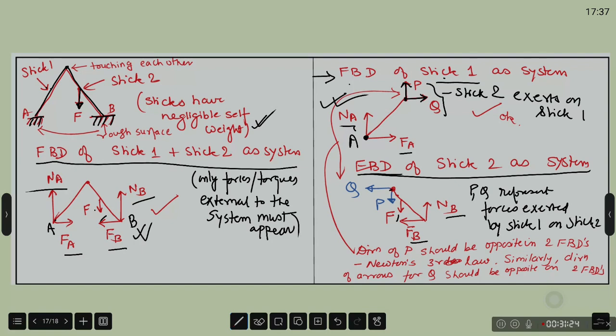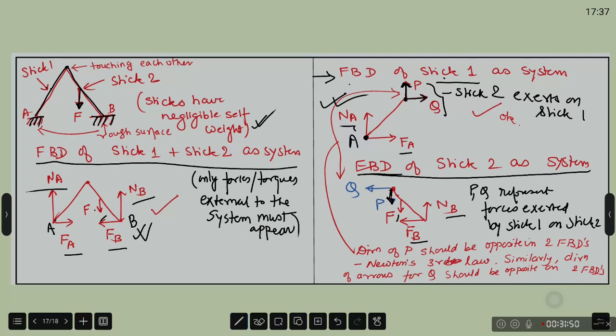Here I have drawn vertically down. Not trivial. I am using a law which is guiding me that if P is vertically up on stick 1, it should be vertically down on stick 2. Which law am I using? I would have liked to hear from the students. Newton's third law I am using.